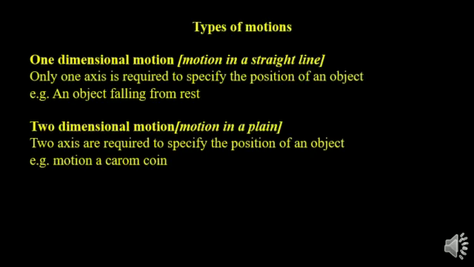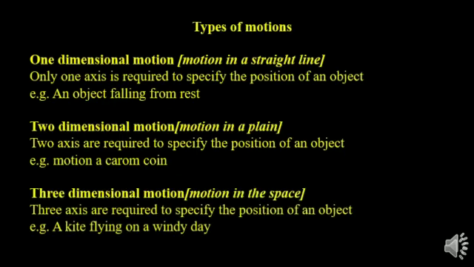Example, motion of a carom coin. If the body is moving in space, we are using three coordinates, and the motion is known as three-dimensional motion. Example, motion of a kite.